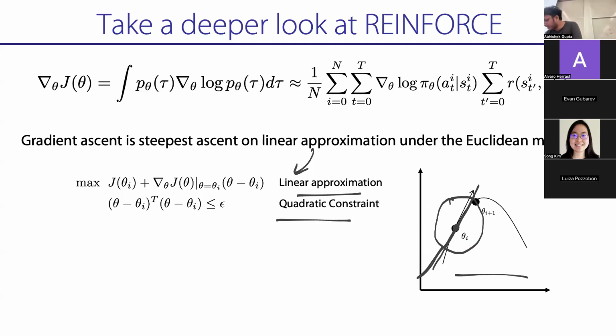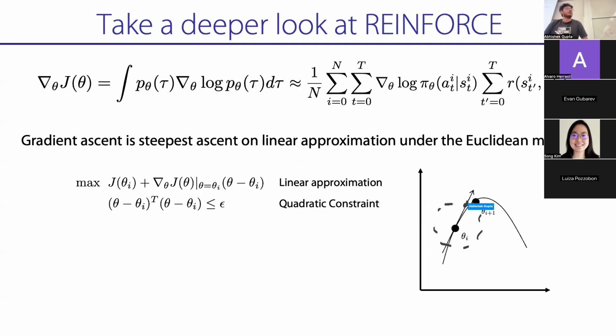And so you can think of it as you're going to construct this ball, and then you're just going to pick the thing that's the maximum. Yeah. And so you take a linear approximation, and then you take a quadratic constraint on the parameters. Right? And so you can work out that this thing gives you gradient descent, right? So how are we going to do that?